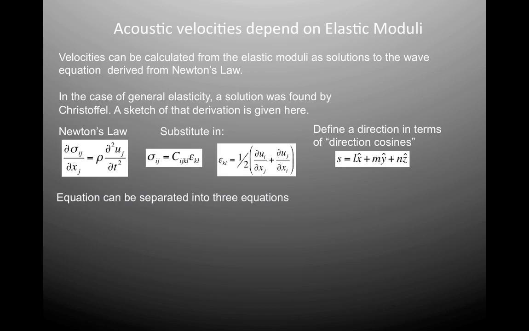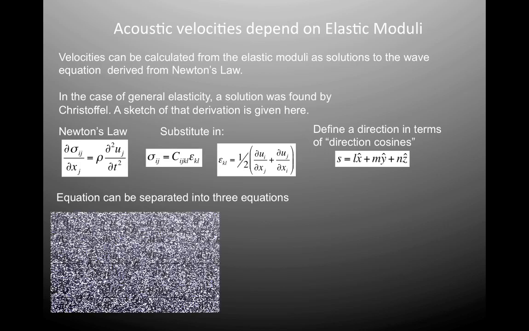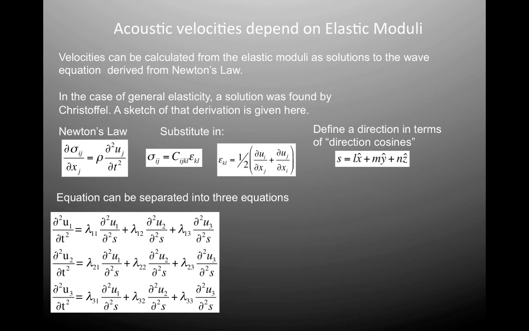So just using those four ideas expressed in those four equations, the equation on the left can be separated into three separate equations: an acceleration equation for the displacement in the one direction, in the two direction, and in the three direction.